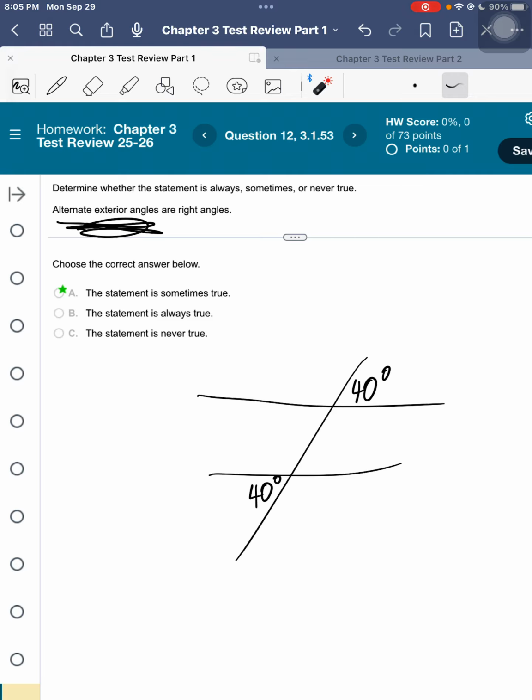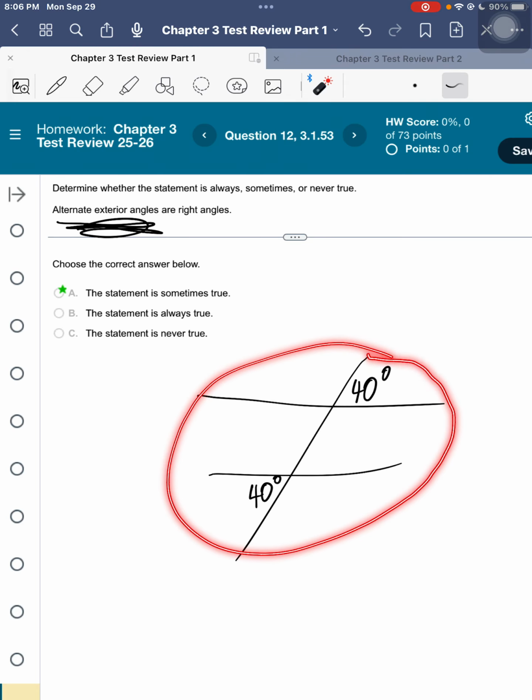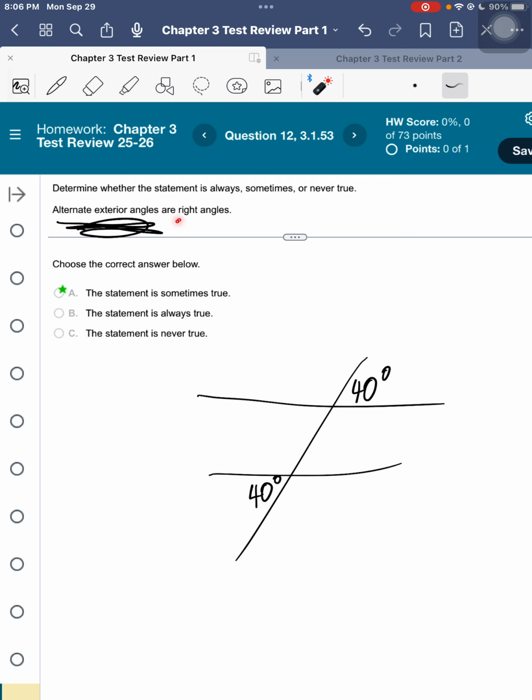So this is a situation where this is actually not true. This is an example that counteracts this statement. These are alternate exterior angles and they're not right angles.